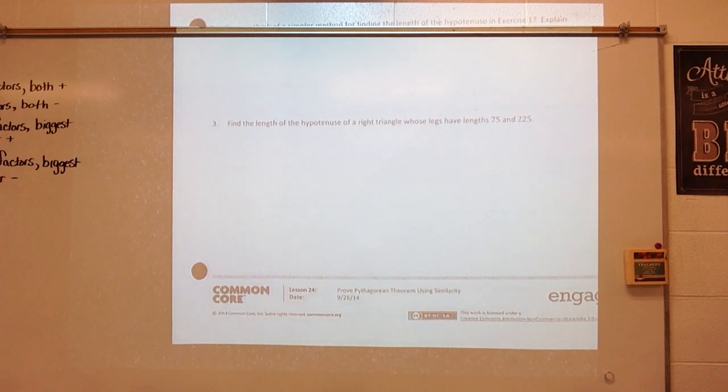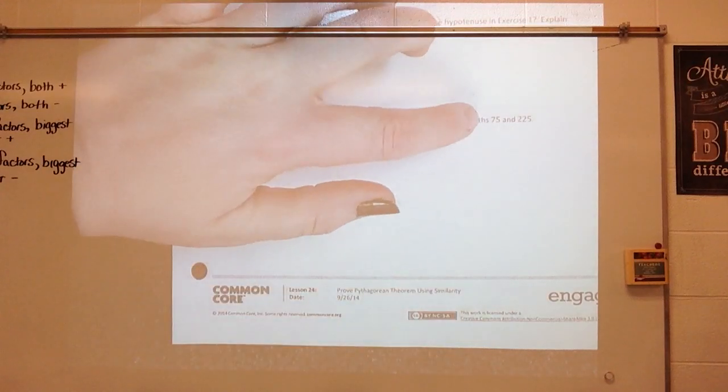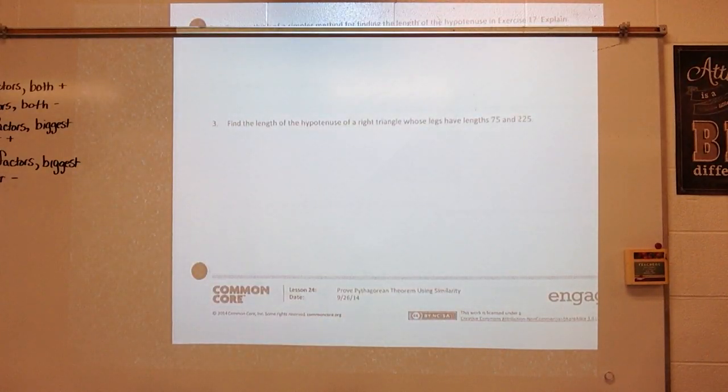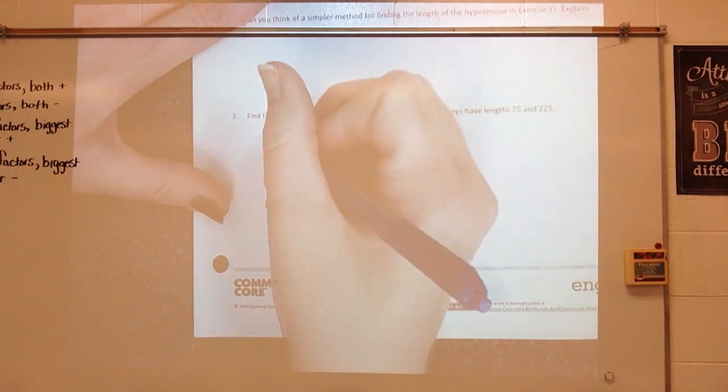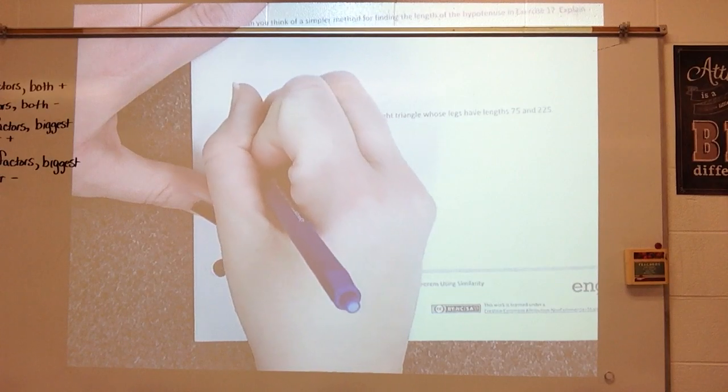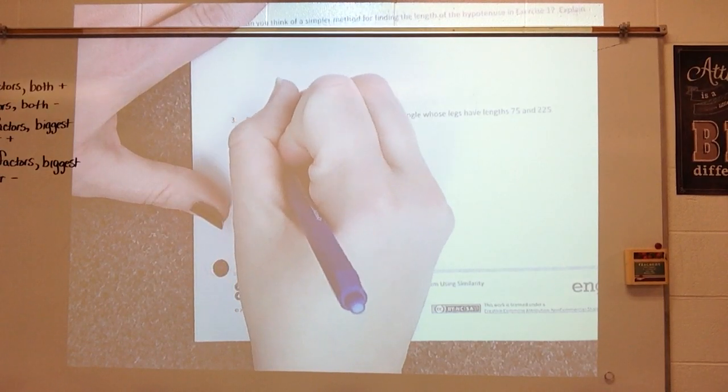So think about this. 75 times 1 is 75. And then 75 times 3 is 225. Alright? So I can look at this and say, okay, well, let's talk about what I know about a right triangle with legs 1 and 3.